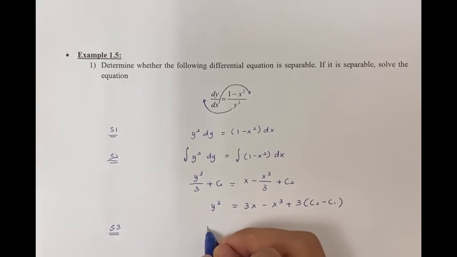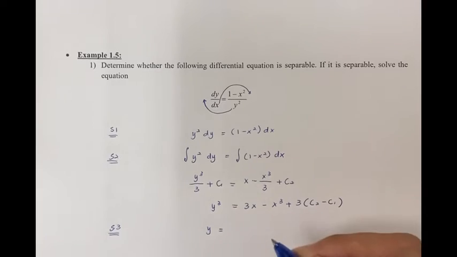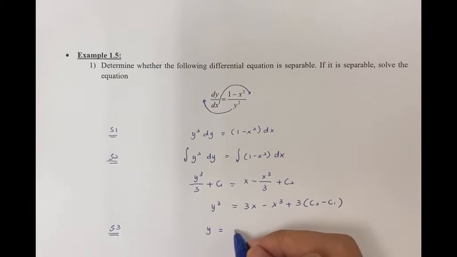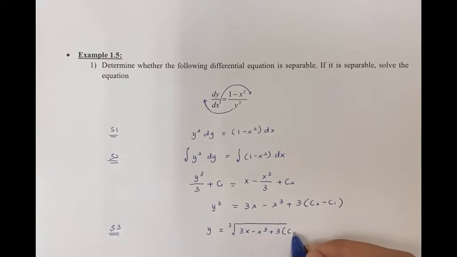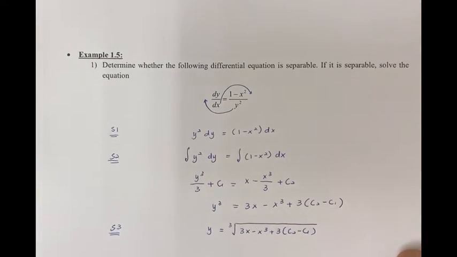For the last step, y is equal to the solution: y is equal to the cube root of 3x minus x cubed plus 3c2 minus c1. This is the last answer.